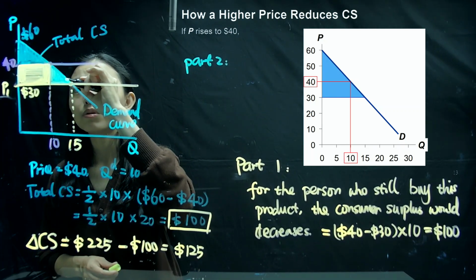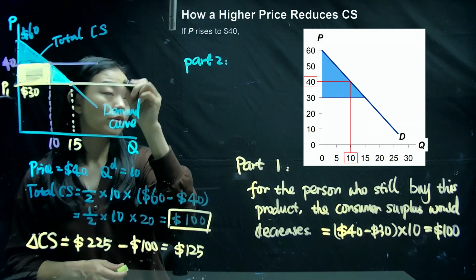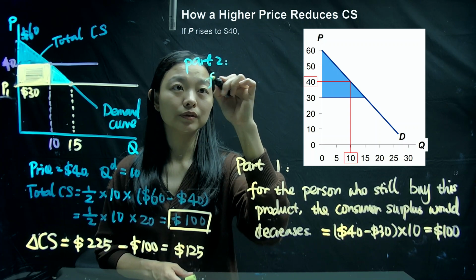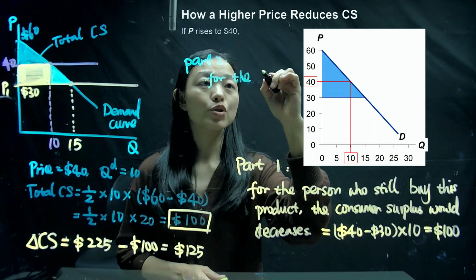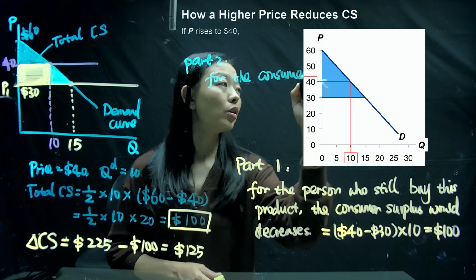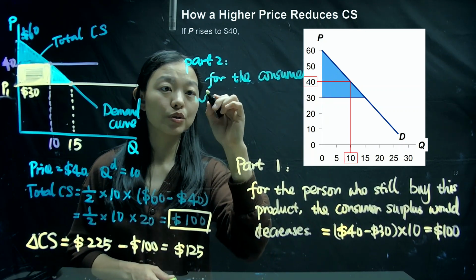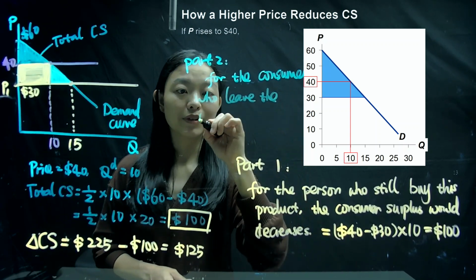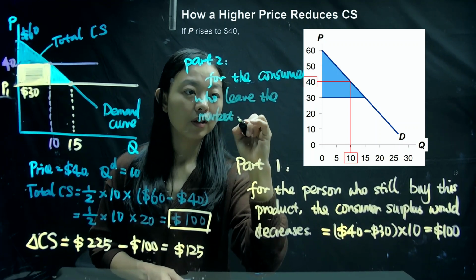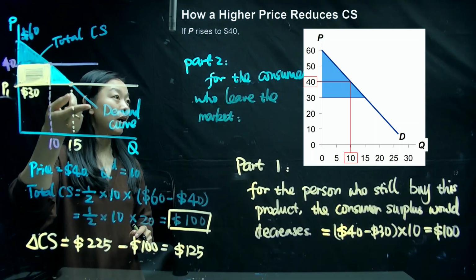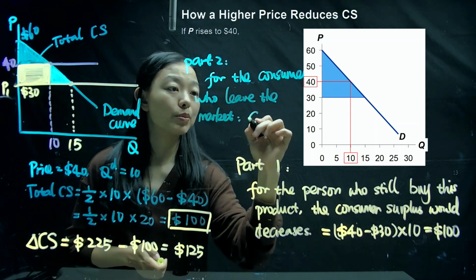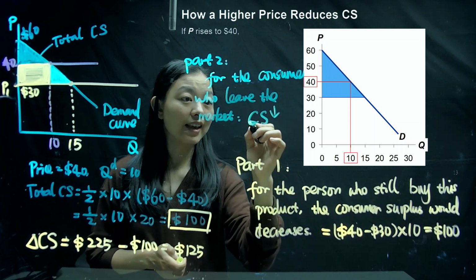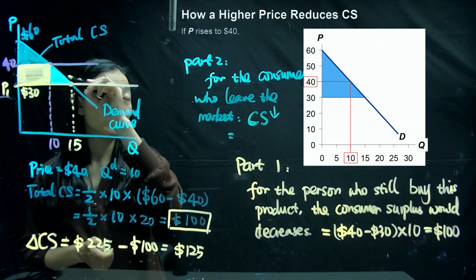This small triangle here measures the consumers who leave the market. For the consumers who leave the market, you can also get their consumer surplus decrease, right? You can get the area of this small triangle.